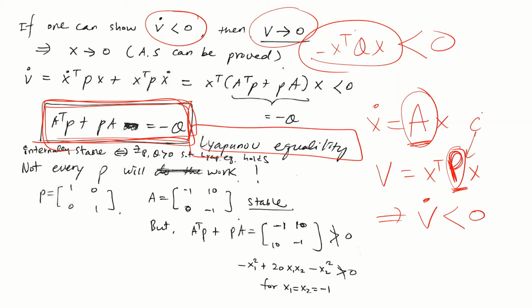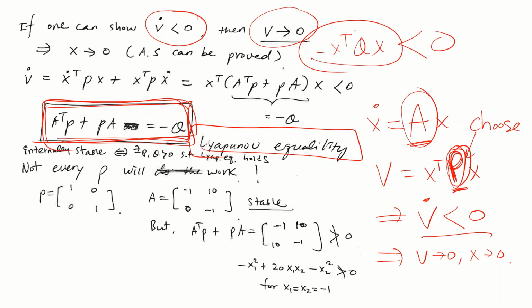You choose this and you show that. Then we know V goes to 0 and x goes to 0. So how would you choose this P? That's something that we have to do.